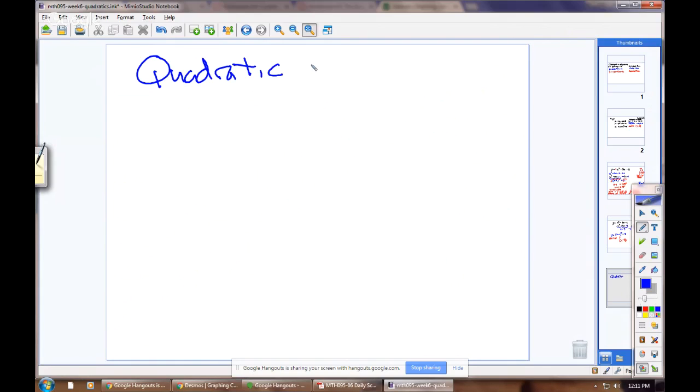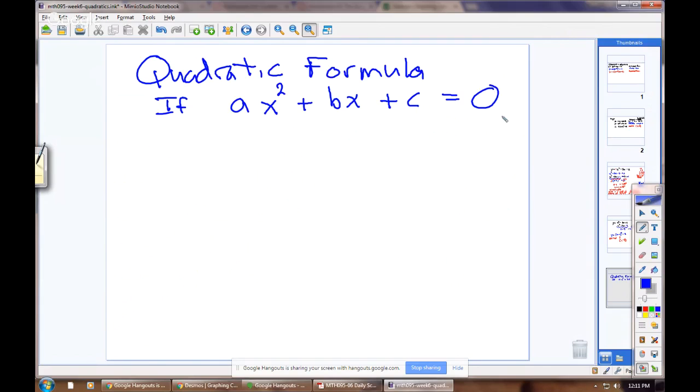And some of you have probably seen the quadratic formula in your past life, that is, life before this class. What it says is if you have something that looks like a number times x squared plus some number times x plus another number, and that's equal to 0, very important that you have that 0 there, then you can always solve this, and the answers will always look like this.